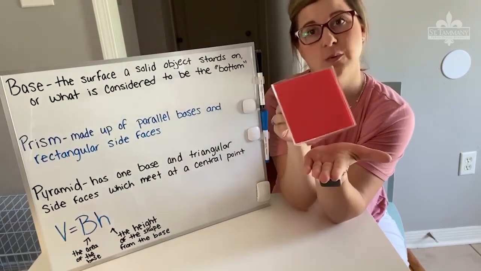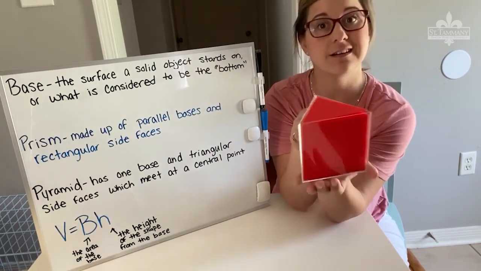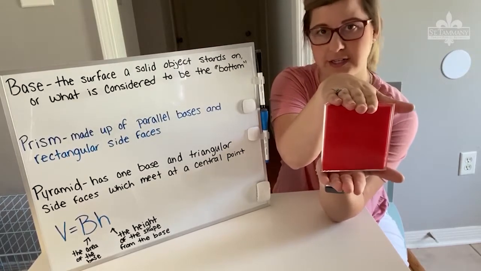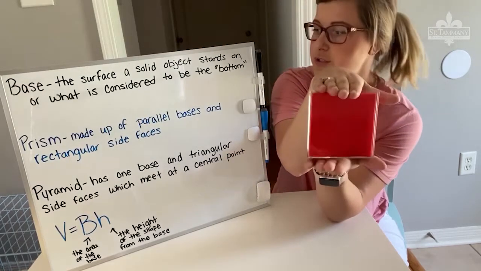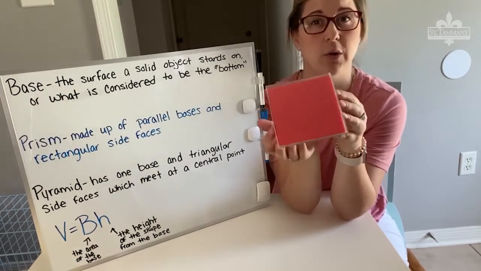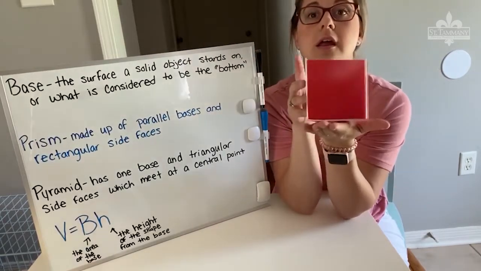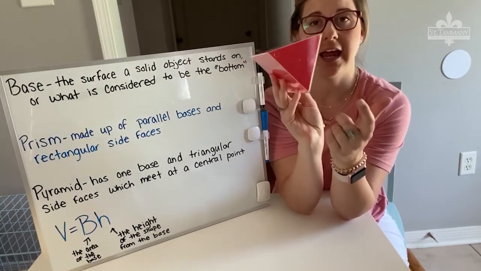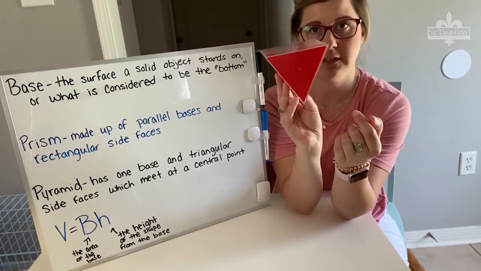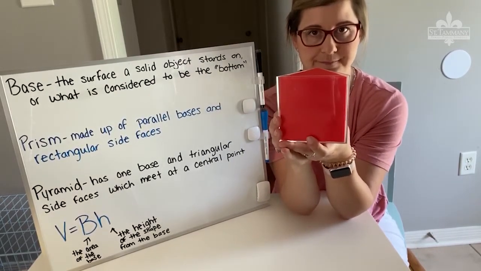However, if I turn it this way to have my triangle at the bottom, then I have a triangle at the top and they run parallel so they would never run into each other. So our base of this shape, no matter which way you may see it on a worksheet or anything else, the base is a triangle. So what would we call this shape? Good, we would call it a triangular prism.